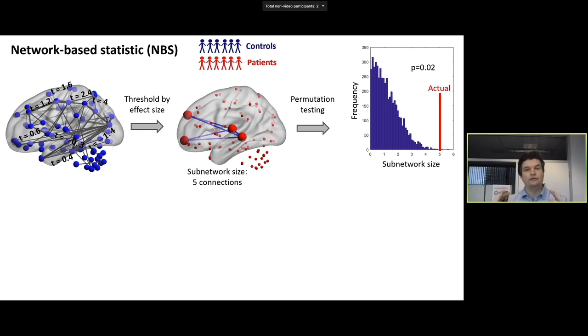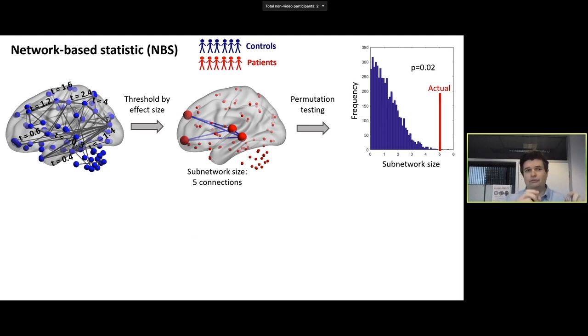And then in that thresholded set of edges, we aim to identify subnetworks. In this example here, I've shown a subnetwork that was found, and it comprises 5 connections. Then we can do permutation testing to ascribe a p-value to that subnetwork, which tells us the likelihood of finding a subnetwork of size 5 just as a matter of chance, in other words, under the null hypothesis.